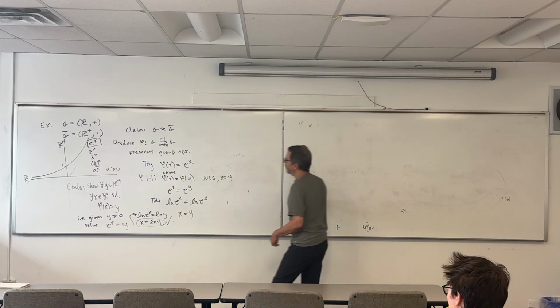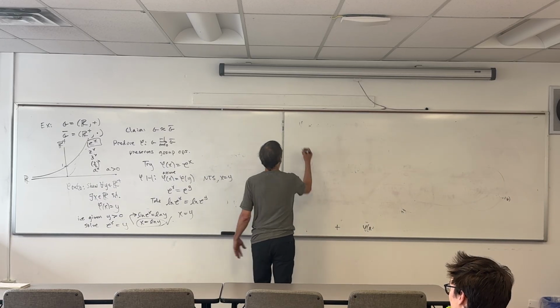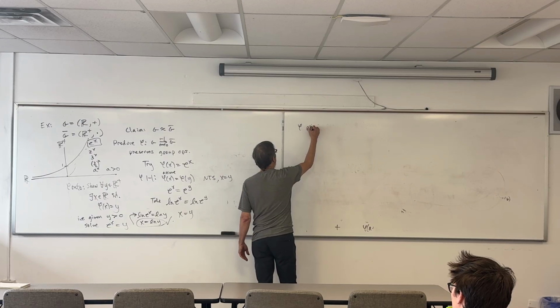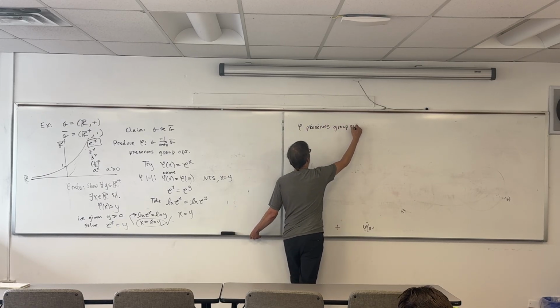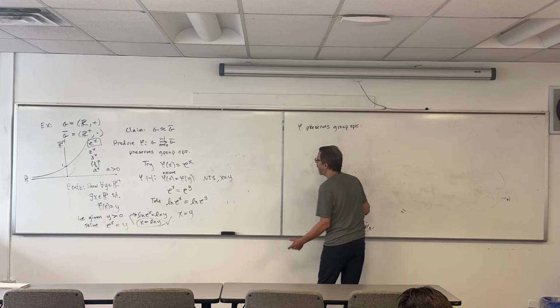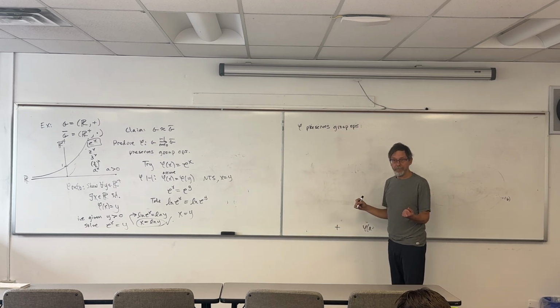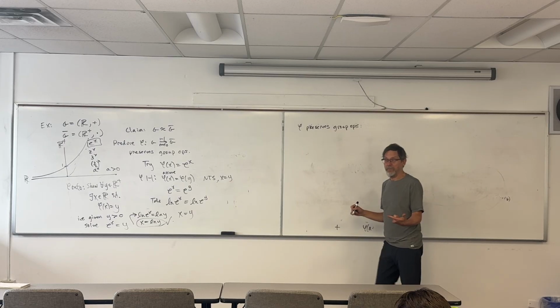Okay, so now what about phi preserving the group operations? What is my operation on the input space? Addition.